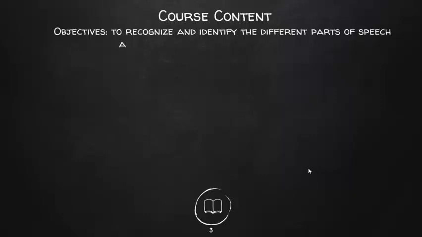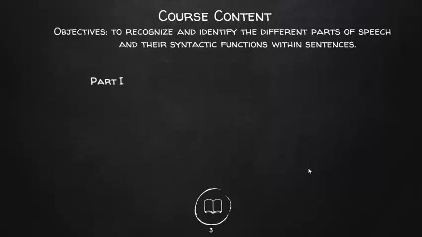So the objective of the course is that the students by the end of the course will be able to recognize and identify the different parts of speech and their syntactic functions within the sentence.